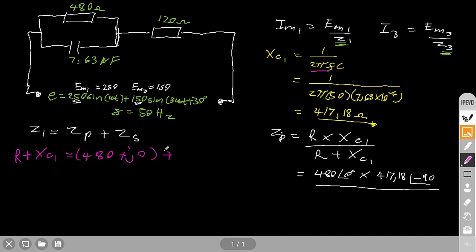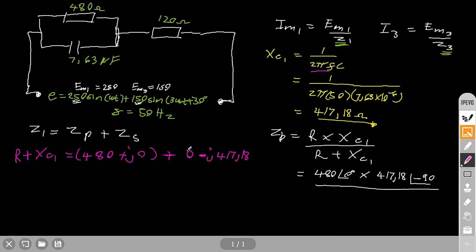And then my XC is 0 minus, since it's a capacitor, j 417.18.